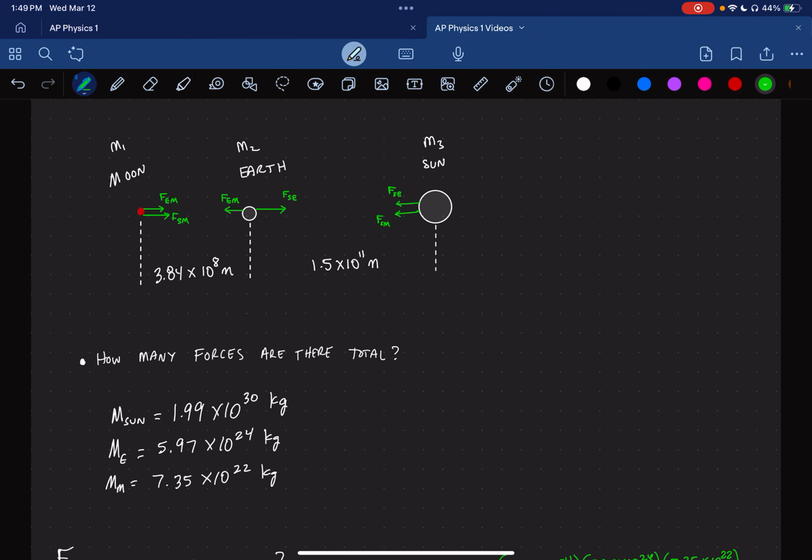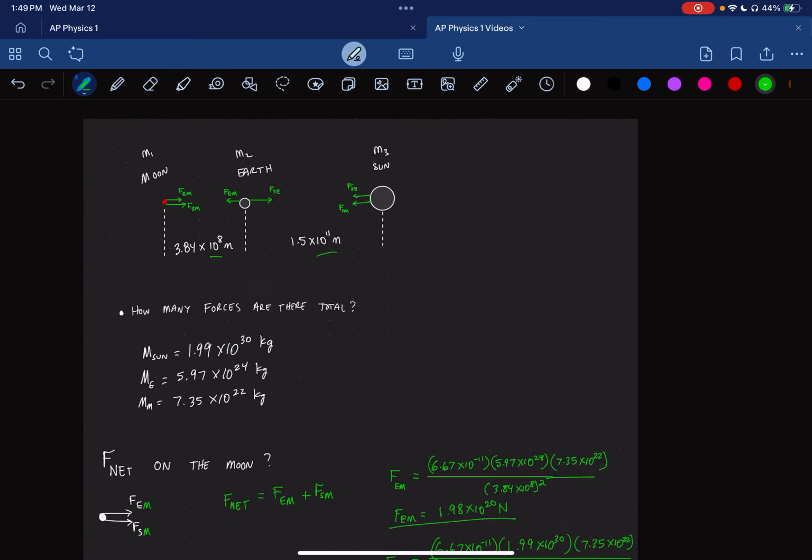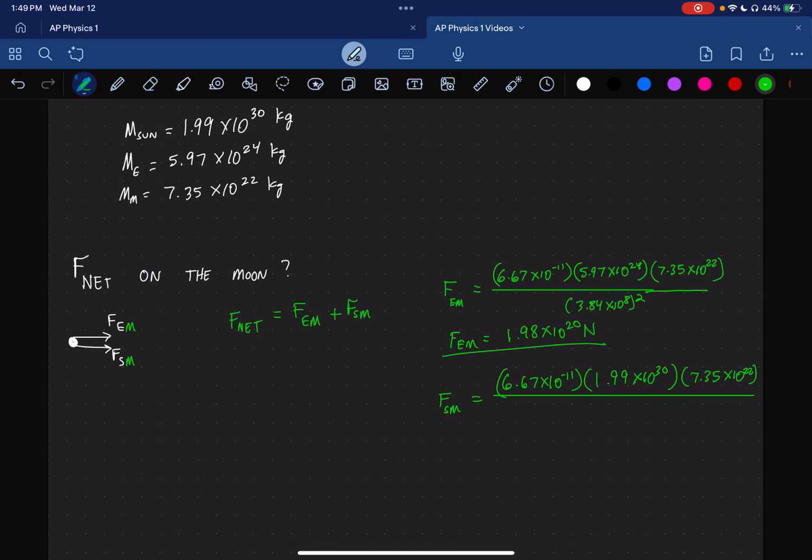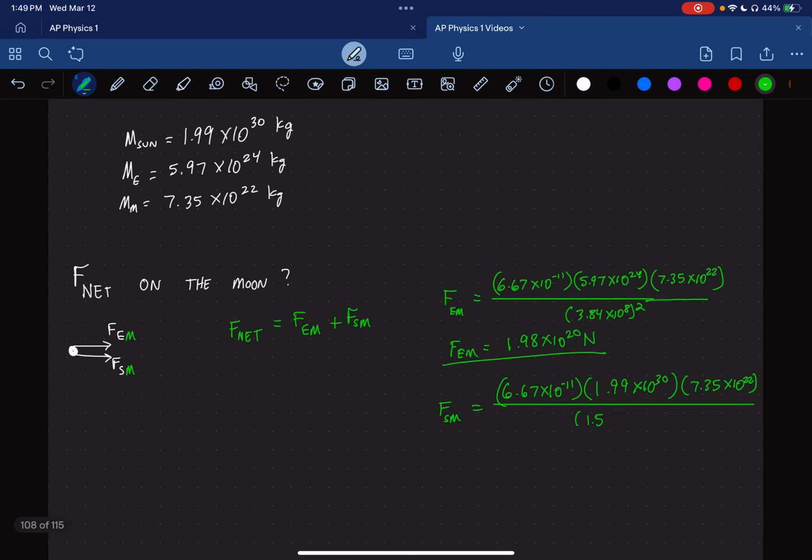Now, should I model this well for you? The distance between the sun and the Earth is a huge amount greater than the distance between the Earth and the moon. This is clearly not drawn to scale. Look at the orders of magnitude here. So I think I've added these before, and it barely even changes that. We could add them. I'm not going to. This is 1.5 times 10 to the 11.